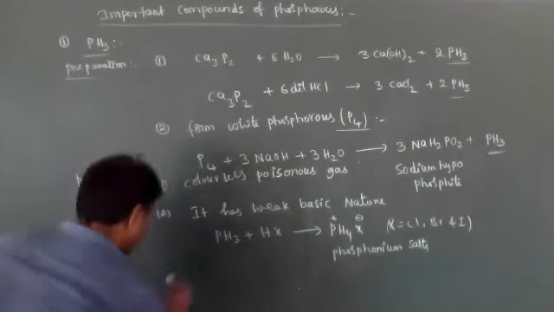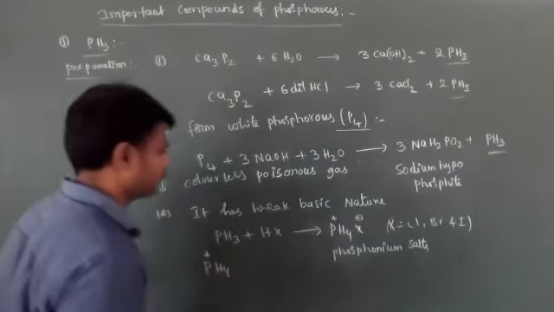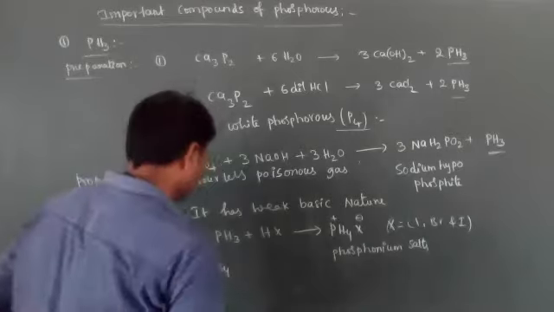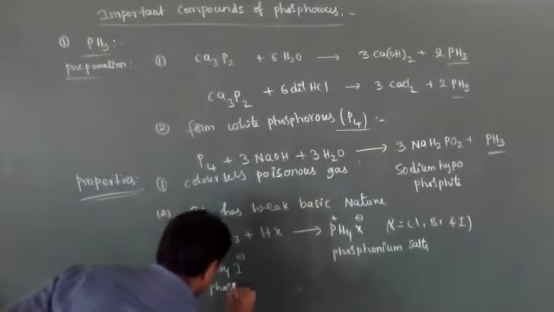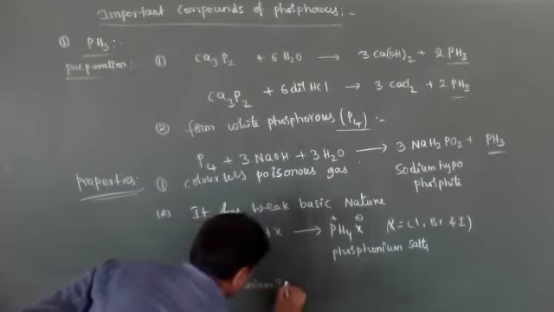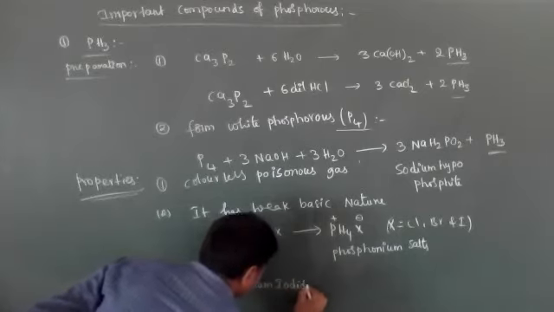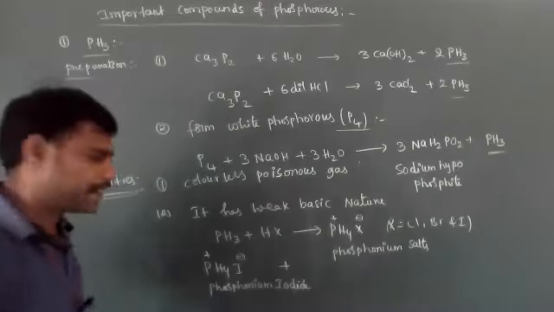Means this phosphonium salt PH4+, for example, here I am taking phosphonium iodide. Phosphonium iodide is treated with base, either KOH or NaOH.